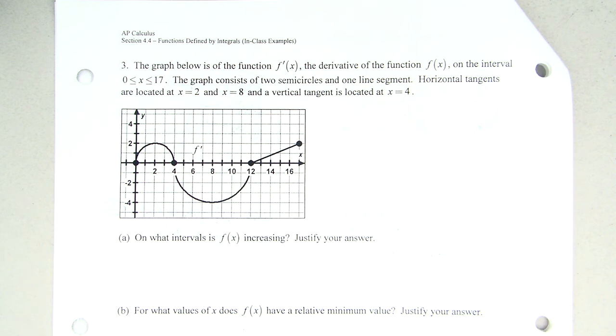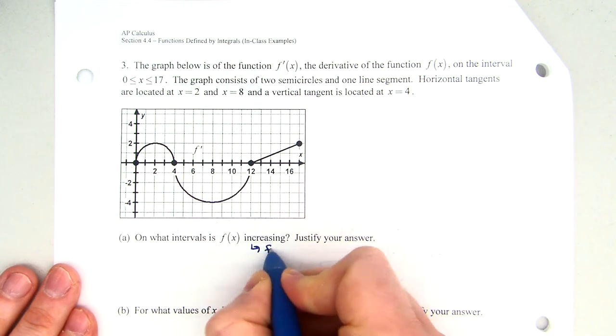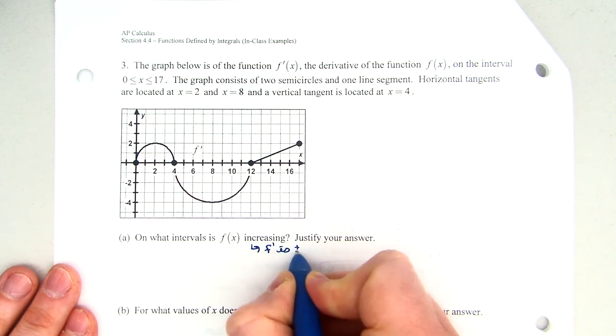This is different. I did not give you a function defined by an integral. I just gave you the graph of f prime. You know what? This is exactly what we did back in Unit 4 when we did our curve sketching stuff. For example, in part A, where is f of x increasing, I'm looking for where f prime is positive.